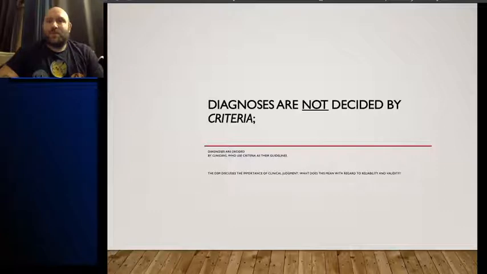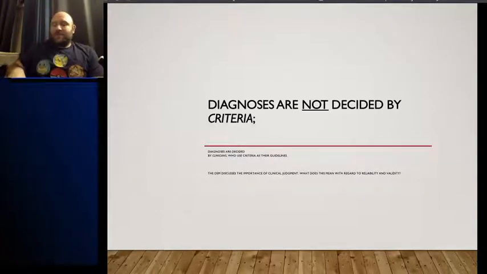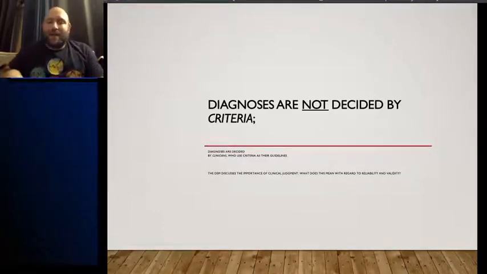Otherwise we'd all have every disorder, right? They're all sort of nebulous enough, they're broad enough that we can all look at it and say, hey, that's me, right? Or that's my spouse, or that's my neighbor, or that's my kid, right? And so just because the criteria has been experienced does not automatically mean there's a diagnosis to be made, right?